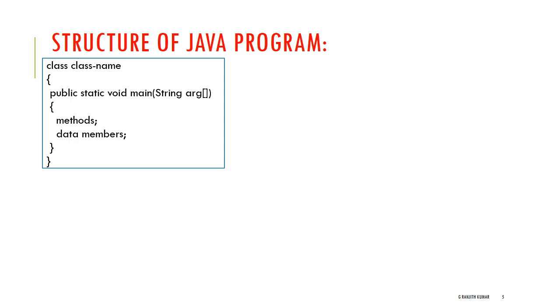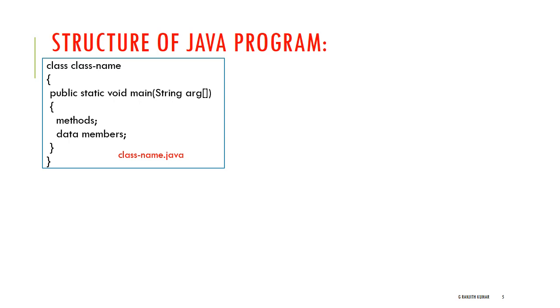As I already told you, to write the program, first we have to create a class, that is, class followed by the class name. After writing the program, it should be saved with a file name. That file name should be the same as the name of the class which contains the main method, followed by the .java extension.